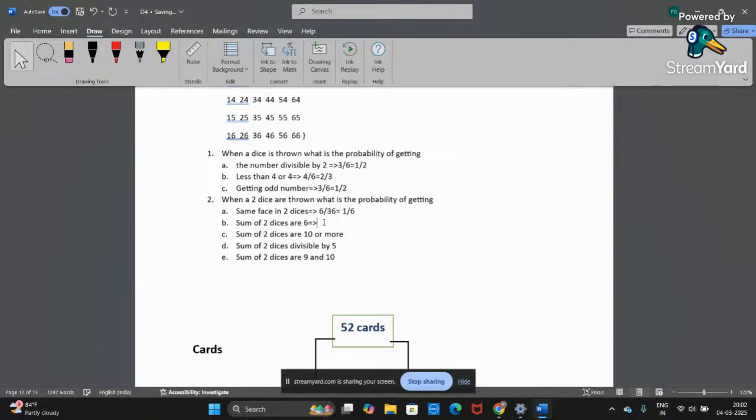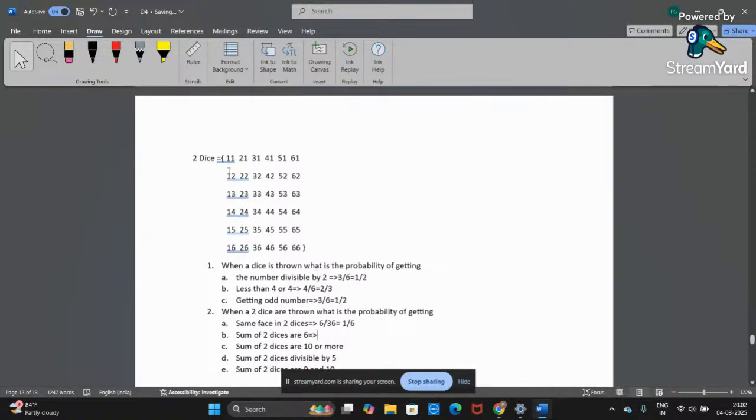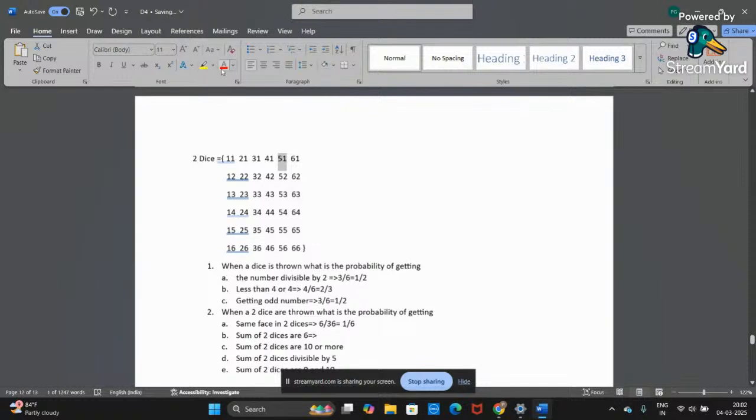Next, sum of 2 dice is 6. 1 plus 1, no. 2 plus 1, no. 3 plus 1, no. 4 plus 1, it is 5, no. 5 plus 1, it is 6. 6 plus 1 is 7, no, you should not consider. We have to consider this. Let's mark it down. Then this, right? Then 3 plus 3, because we need to get sum as 6.